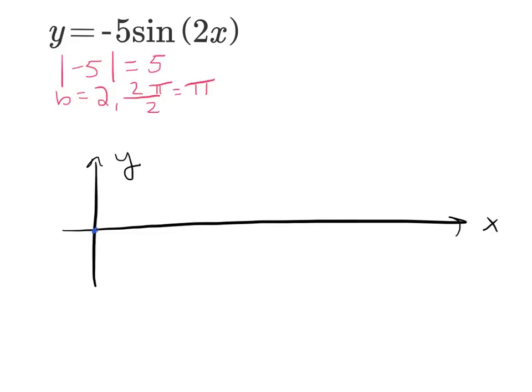So I'm going to draw the same graph as before. We're going to start here, except it's going to be the reflection. So it would decrease first, increase, there's 1 cycle, decrease, increase, 2 cycles. Label your axes, 5, -5.